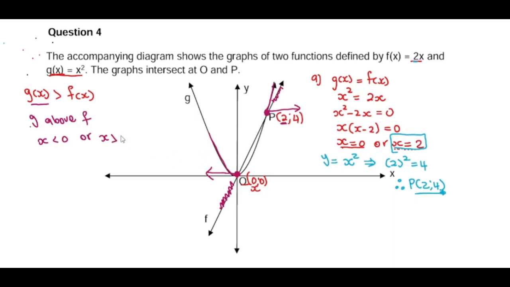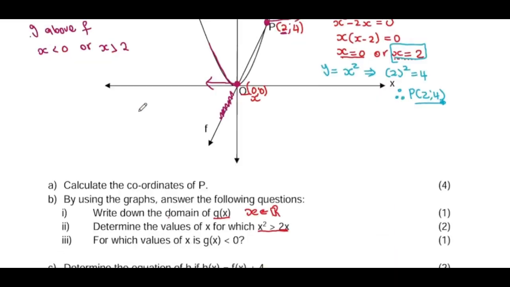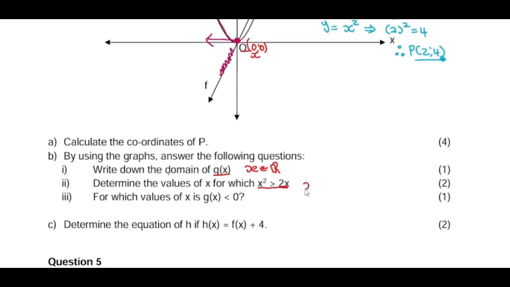So this will be greater than 2. So the answer for this, x must be less than 0 or x must be greater than 2. That's how you answer this one. And that's it for this one.